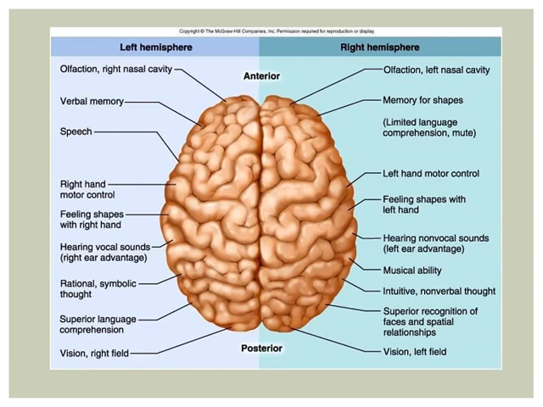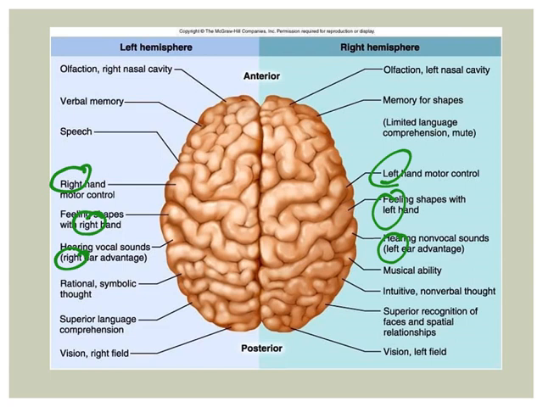Over on the left hemisphere, you see right hand motor control, feeling shapes with the right hand, hearing vocal sounds, right ear advantage. And then over on the right hemisphere, you see left, left, left. It so happens that the left cerebral hemisphere is going to be interpreting sensory information on the right side of the body, and it will control muscle movements on the right side of the body.